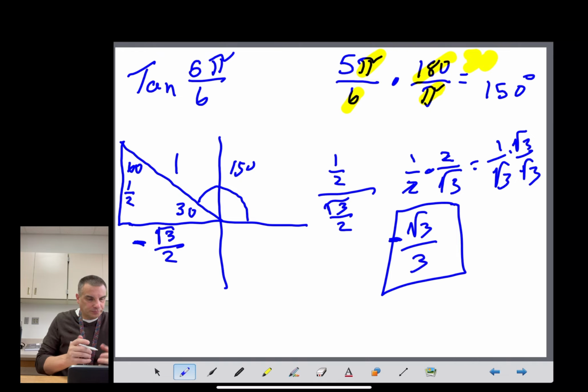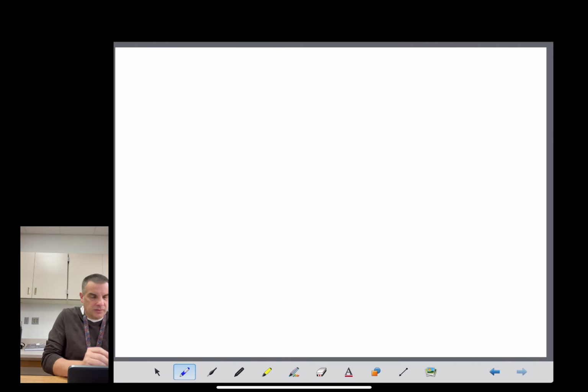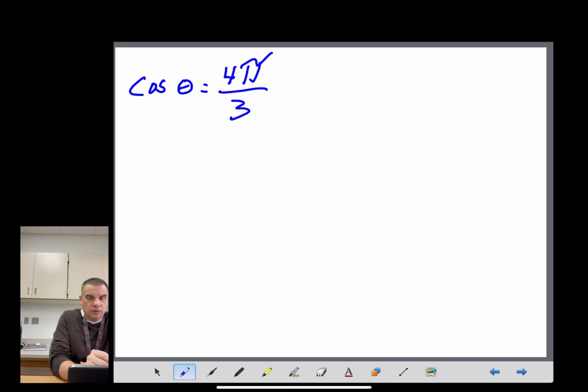Okay. Let's look at another one. Let's go with the cosine measure of 4 pi over 3. Again, we're doing exact values. Can't just punch them in your calculators.